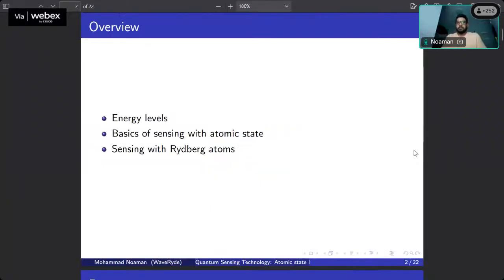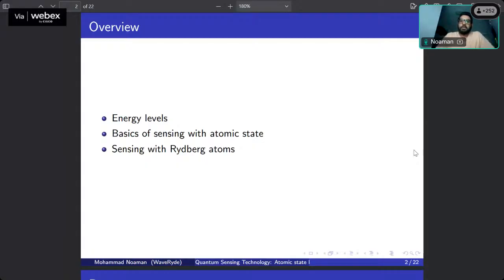Please continue. So the second set of talks, I'm going to go through work with cesium atoms again and show some energy level diagrams, walk through some results from here, and then show some sensing with atomic states.